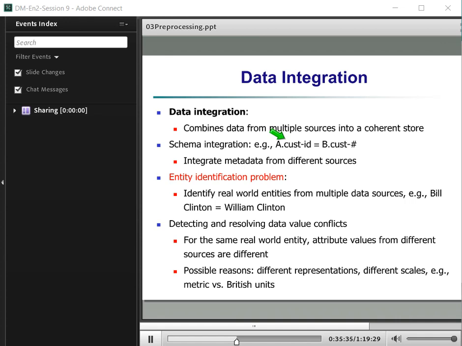In table A, the customer ID feature is named cost-id, and in the second table, the customer ID feature is named cost-number sign.